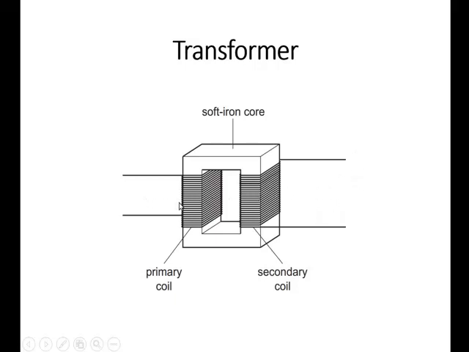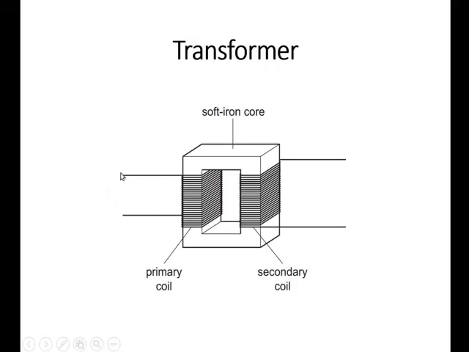So it's the same principle. We have a changing electric current that is creating a magnetic field around this iron core. And a changing magnetic field in the secondary side of the transformer will also induce EMF through this one.